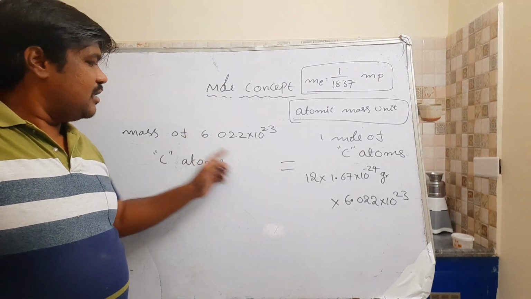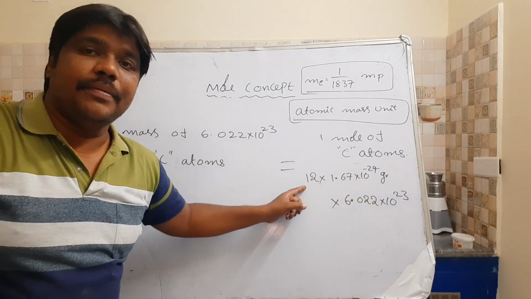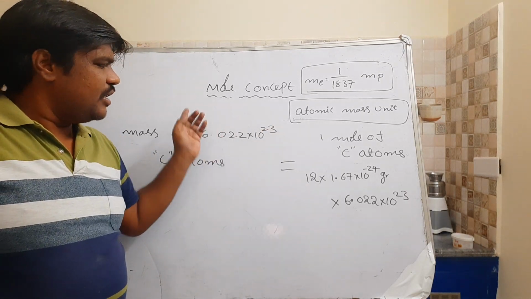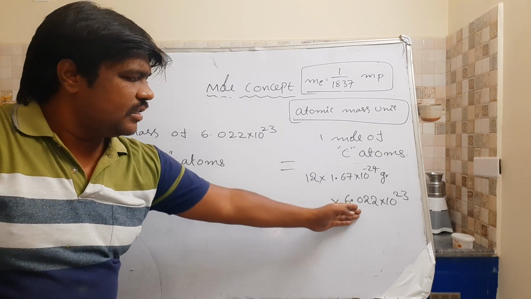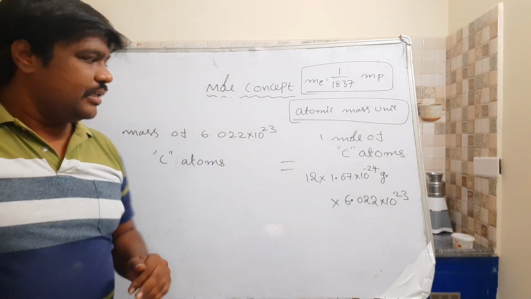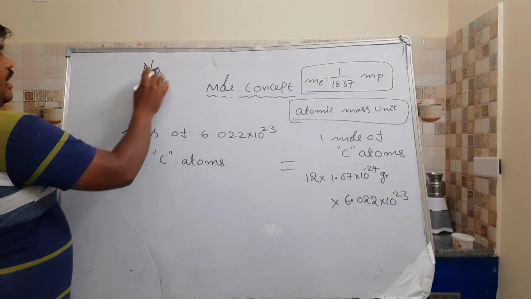One atom mass is this much. This is the mass of one atom. And we need to get the weight of this many atoms, so you have to multiply it with this number. This number is also called Avogadro's number, represented by capital N, small a, or otherwise with capital A in suffix.